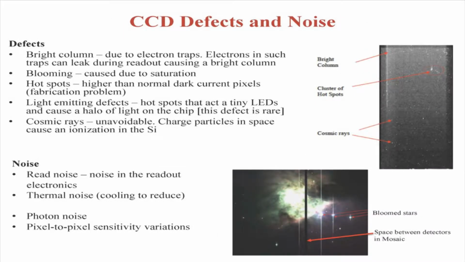To use any detector, we need to understand certain characteristics of the detector, and it's extremely important to know what defects you can expect in it. There are various defects you can expect in a CCD. One is that you find some bright columns, bright rows and bright spots in the CCD even without it having been exposed to any astronomical source.